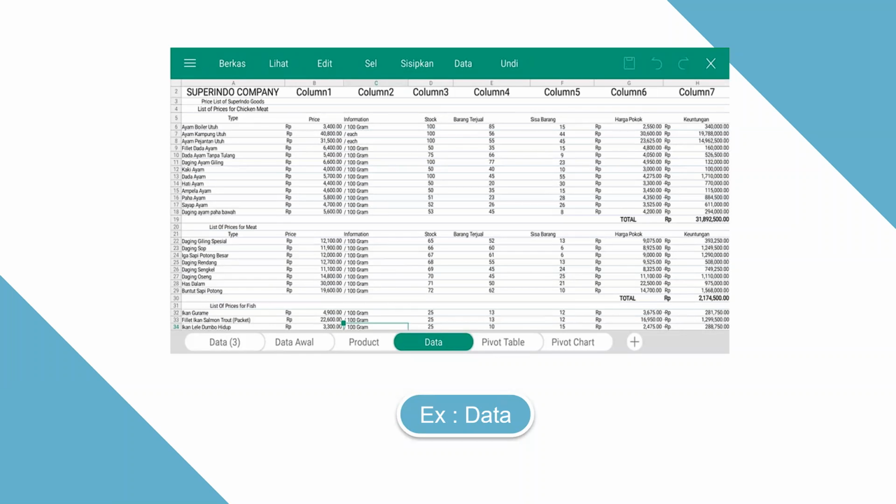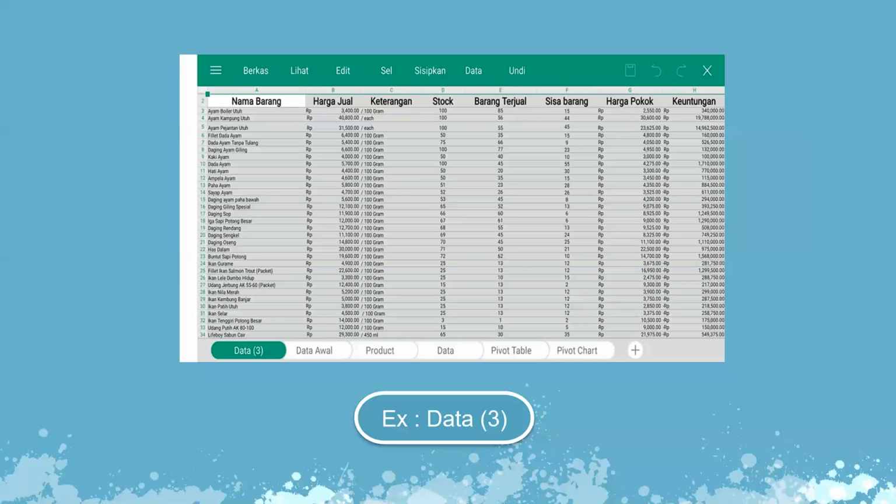The data sheet shows the name of the item, price information, the number of goods sold, the number of goods available, the cost of goods, and the profit from the sale of each item. Slide 9. And then all columns in the block are ready to be sorted to become a pivot table.